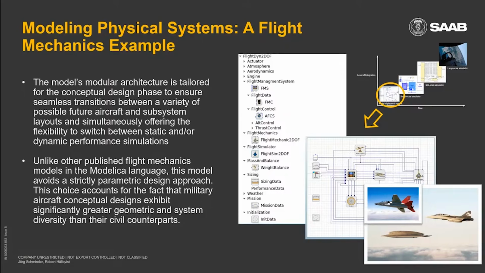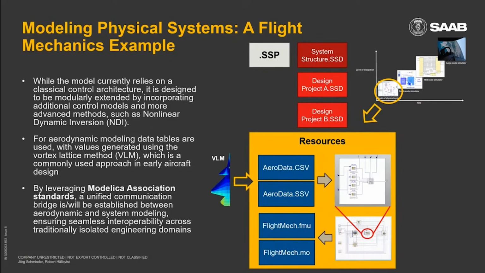So if you can please continue with the next slide. What you see now is how the model is basically built up. I will not go into all the details now. So basically the model has, like most flight mechanic models, a flight mechanic component, a flight control part, an atmospheric model, an engine model, and an aerodynamic model.